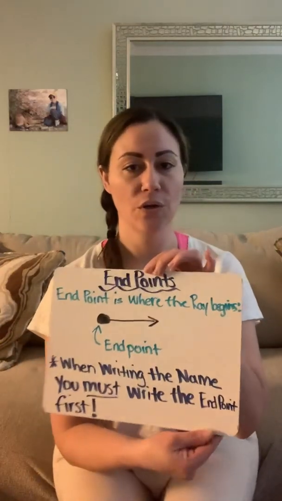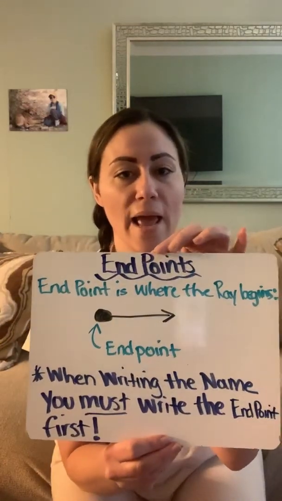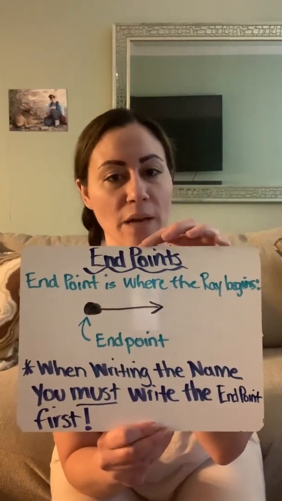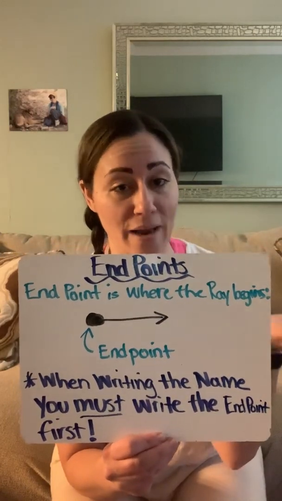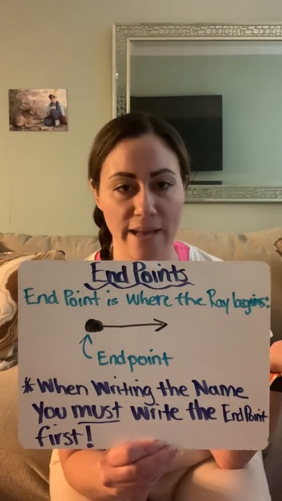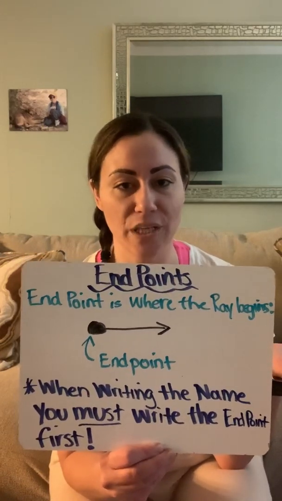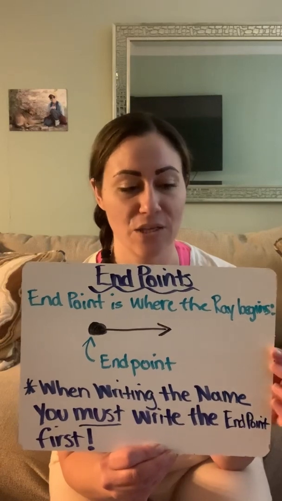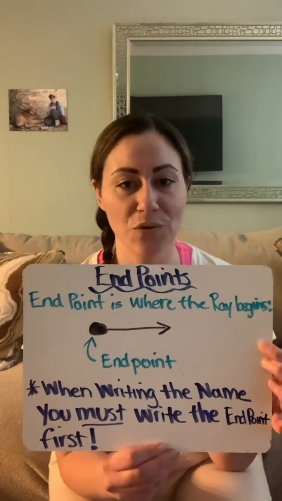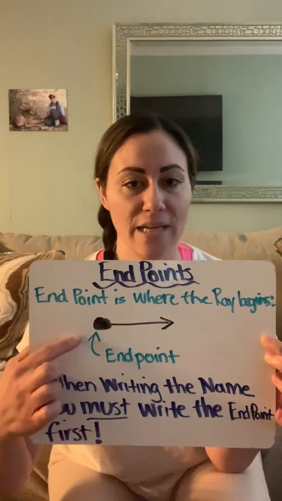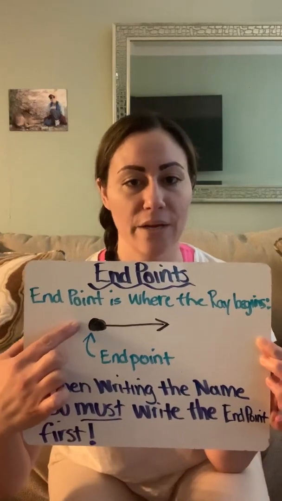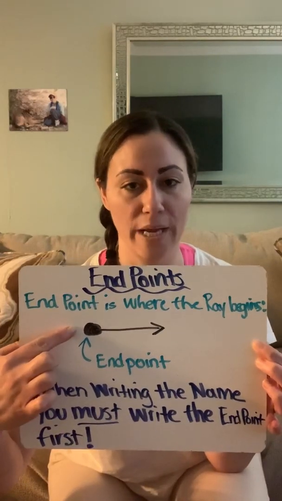I want to discuss a little bit further what I already spoke about, endpoints. Ironically, because it says end, you would think it's where the ray ends, but it's actually where the ray begins. The endpoint is where the ray begins, and it's the dot, the point. This is called the endpoint.